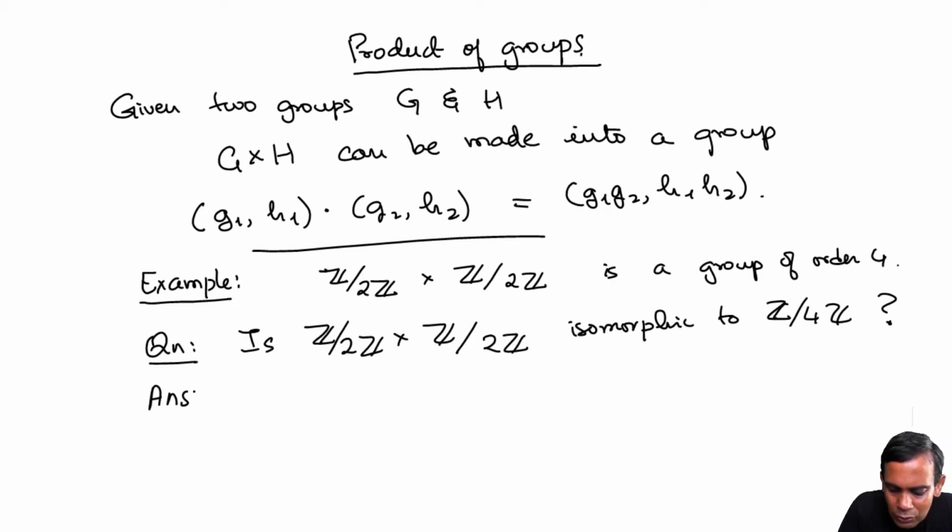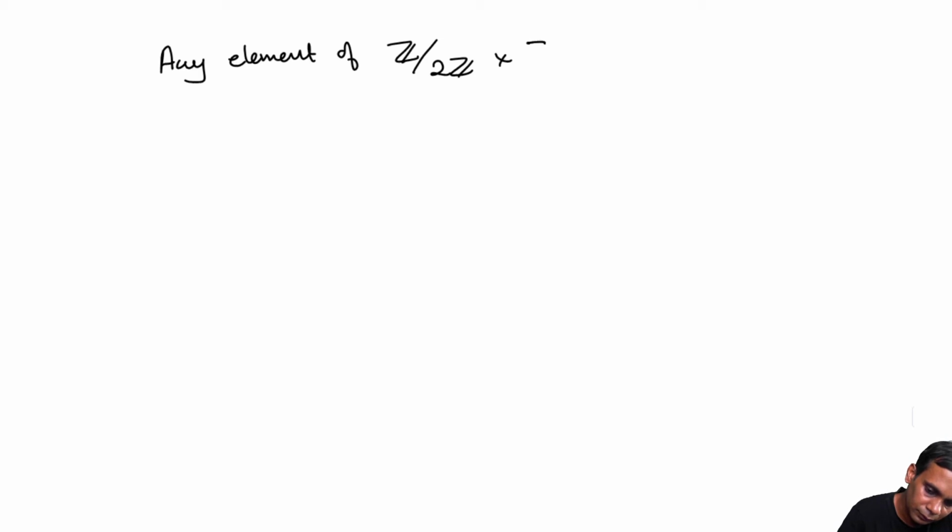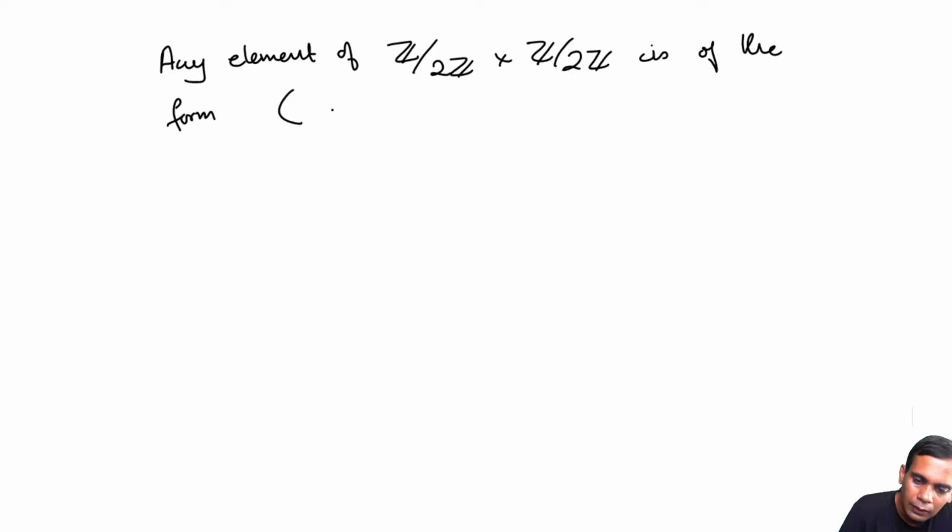Well, the answer to this question, if you think about it a little bit, is obviously no. Why is that? Well, in this group Z mod 2Z cross Z mod 2Z, any element is of the form (a, b), where a, b are both in Z mod 2Z.